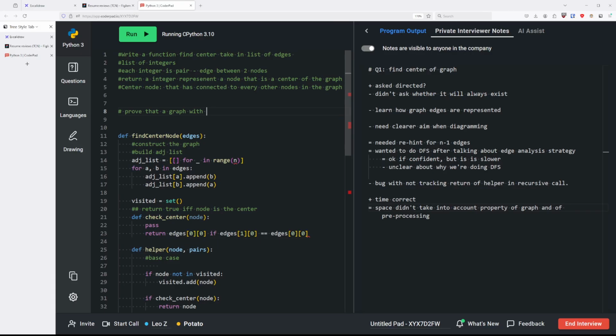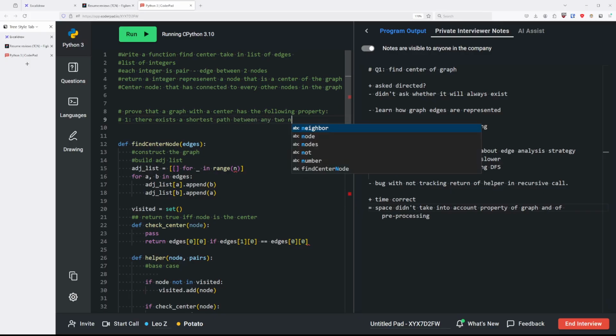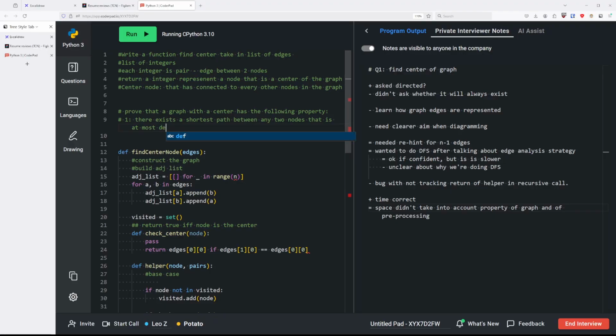Prove that a graph with a center, so if a graph doesn't have a center, this doesn't apply, has the following property: between any two nodes the shortest path is at most depth 2.